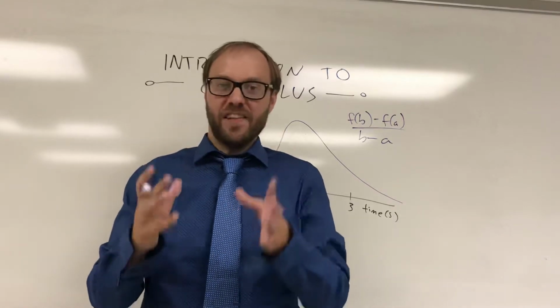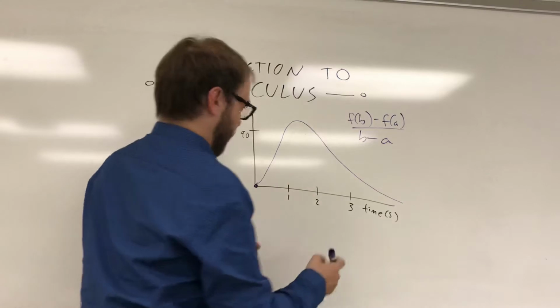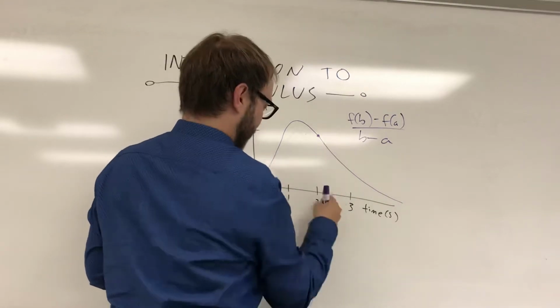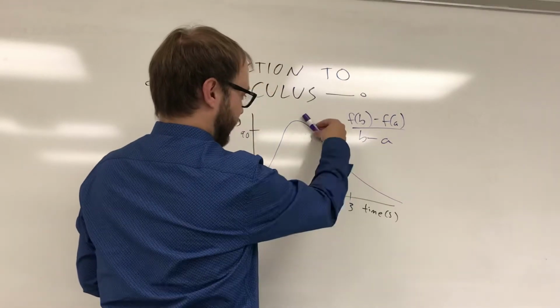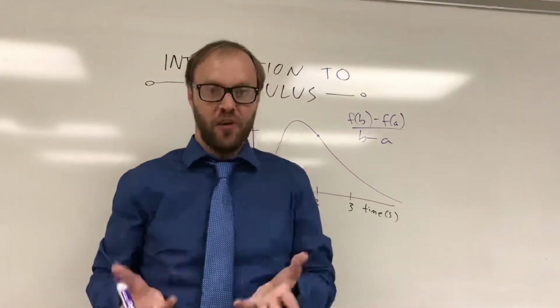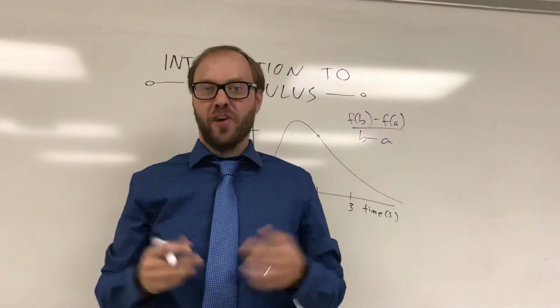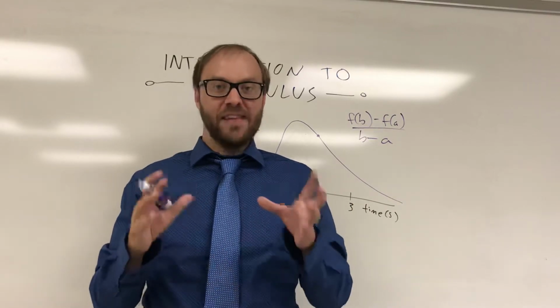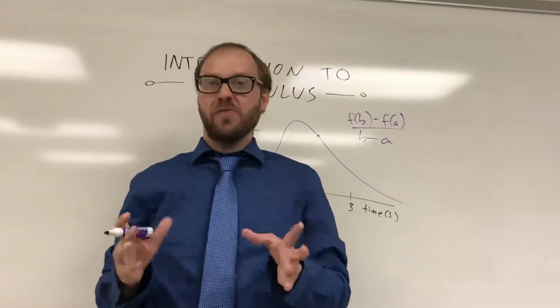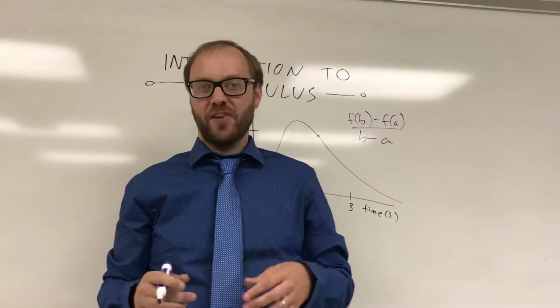Okay, physically on a graph, that instantaneous rate of change, for example, if I was talking about the rate of change at 2 seconds, that would be the slope of that line on the curve right there. But because it's a curve, not a straight line, we don't know how to find the slope at a point on a curve. The concept here that we're going to use is to try to pick values that are very, very close together.